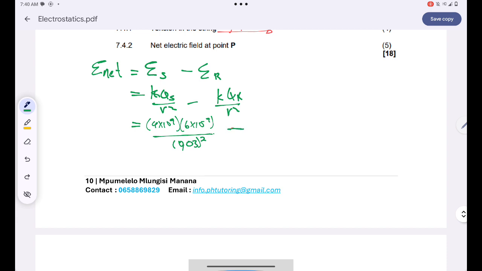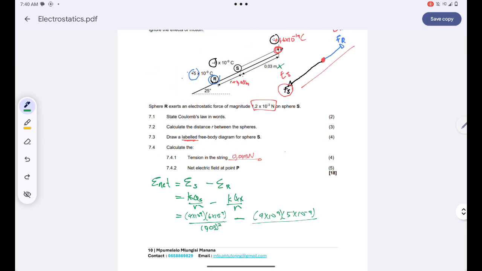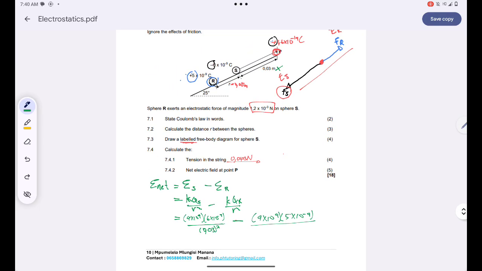Minus 9 times 10 to the power 9 multiplied by 5 times 10 to the power negative 9. The distance between R and P is 0.03 plus 0.015. We'll simply get 0.045, all squared.